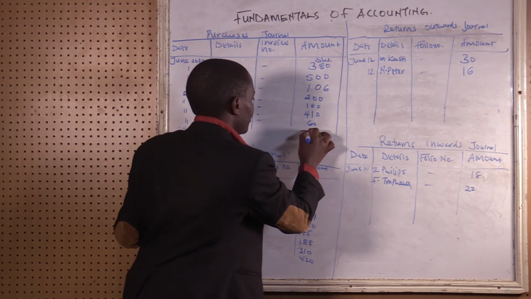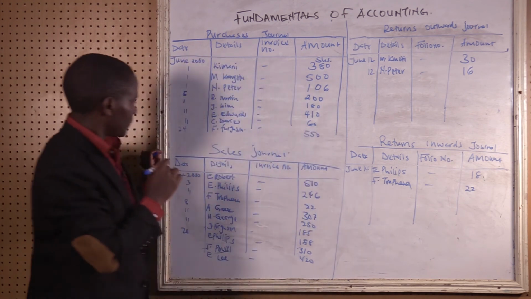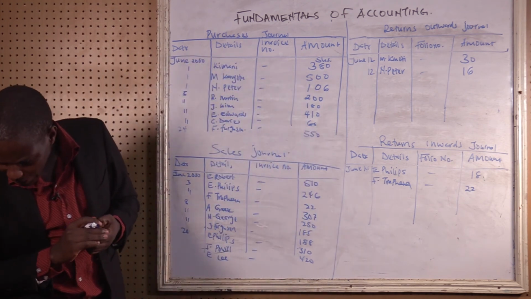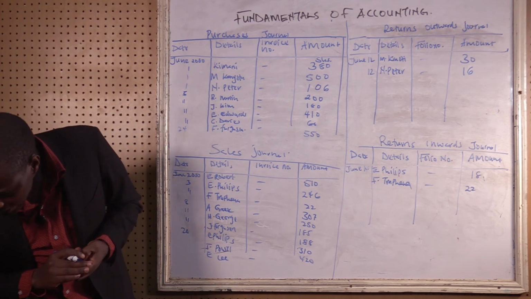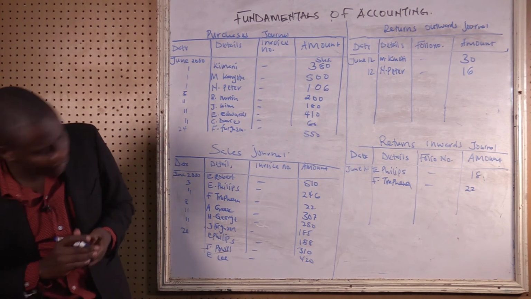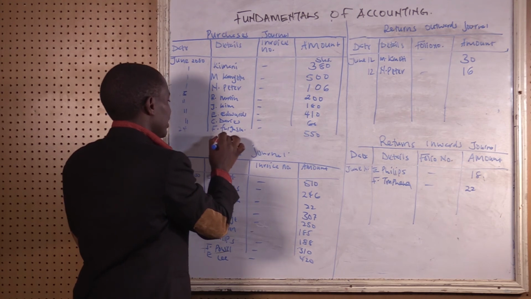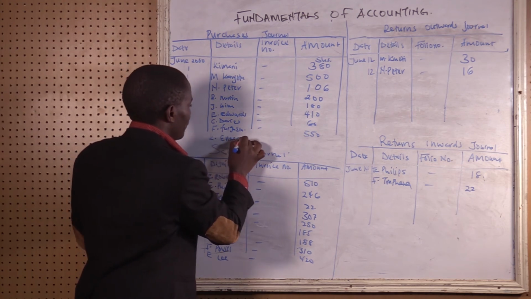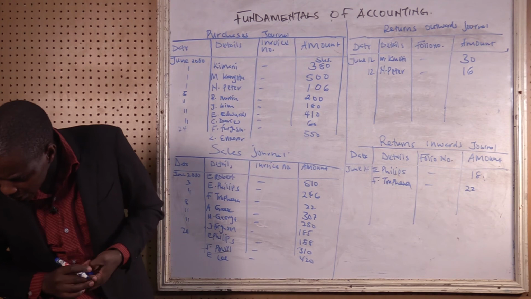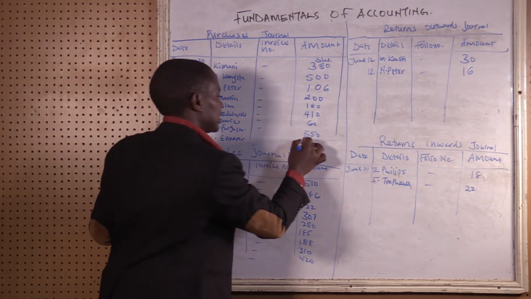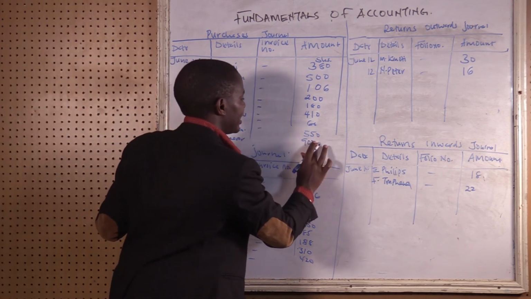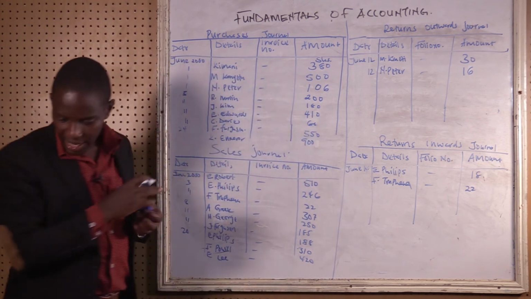They were worth 550. The same date, bought on credit from E. Niva. The goods bought from E. Niva were worth 900 shillings.